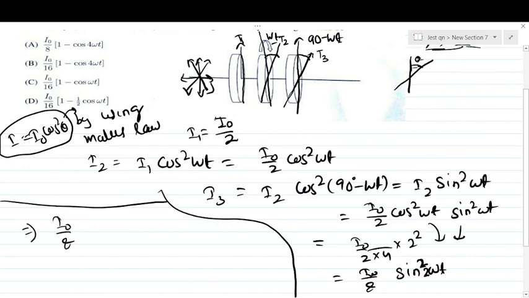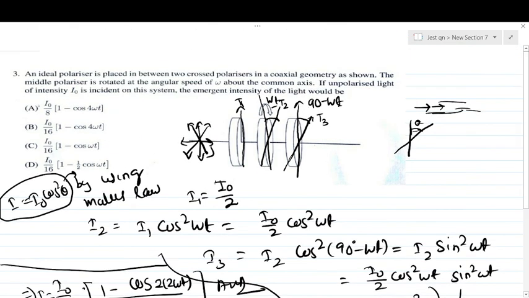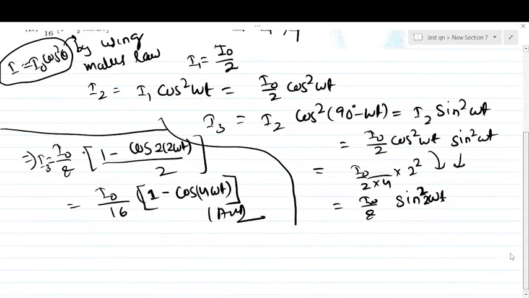I naught by 8, sin square is equal to 1 minus cos of 2 into 2 omega t divided by 2. So I naught by 16 times 1 minus cos 4 omega t. This is the answer, and option B is the right answer.